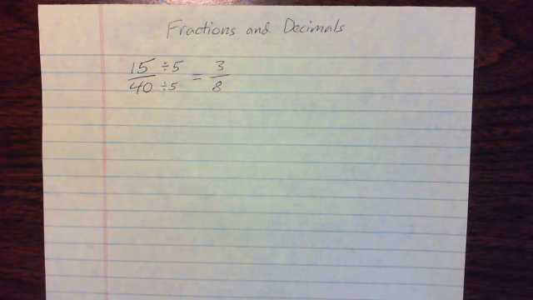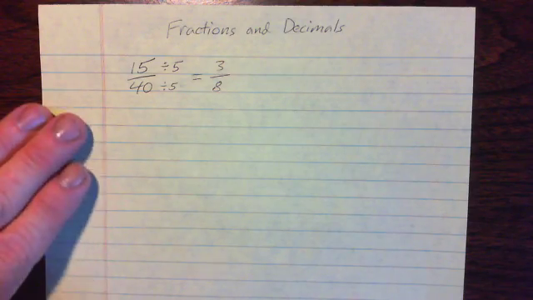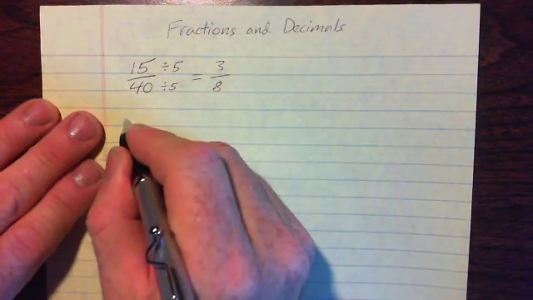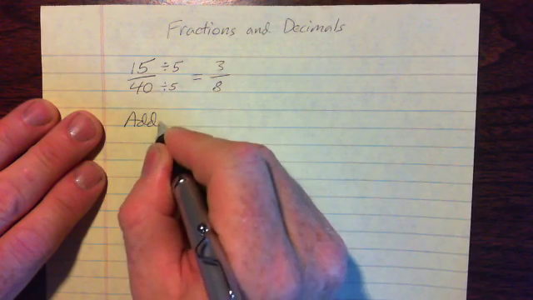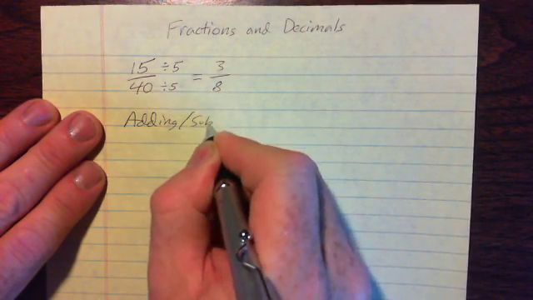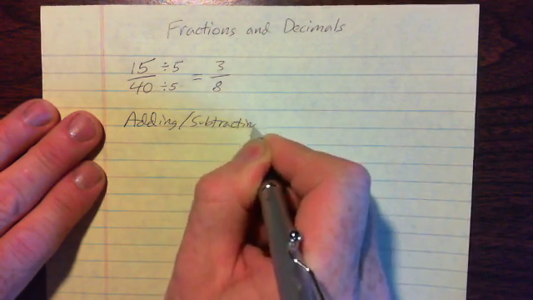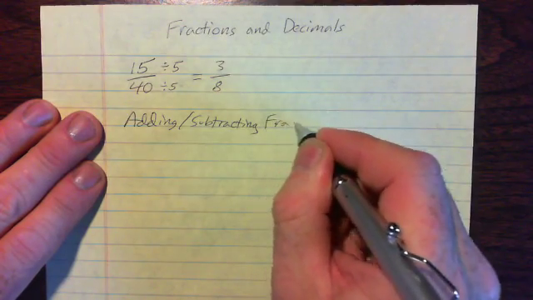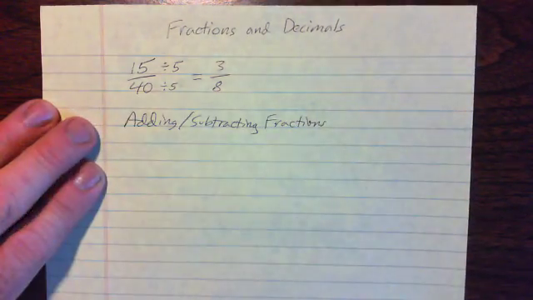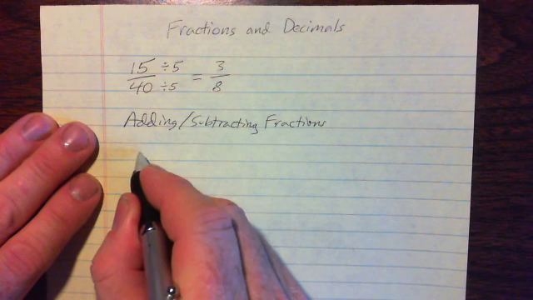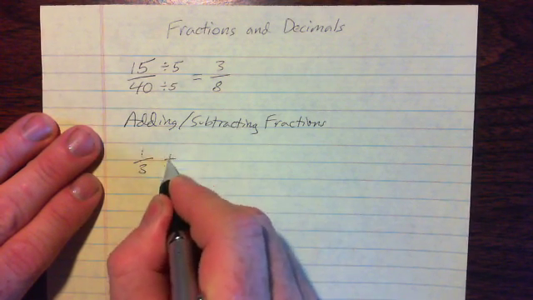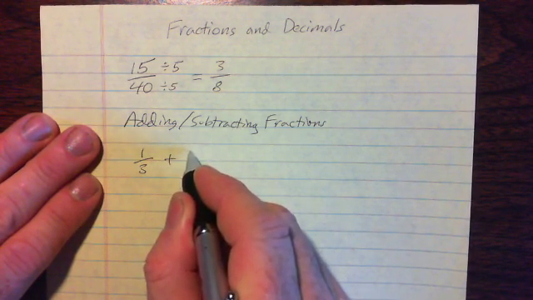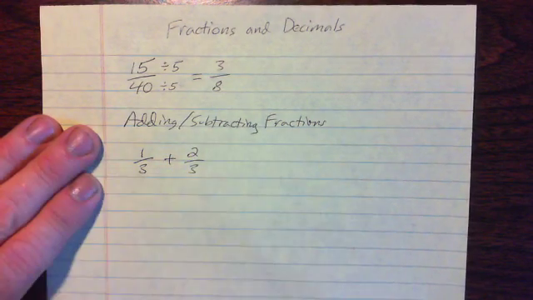Now, when you have two fractions and you want to add them, so adding or subtracting, it's the same thing you need to know. Suppose we had 1/3 added with 2/3.